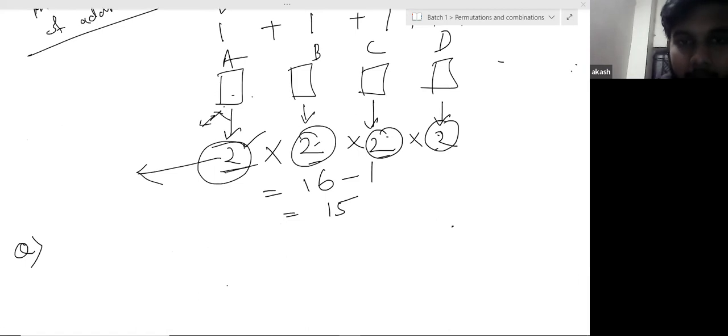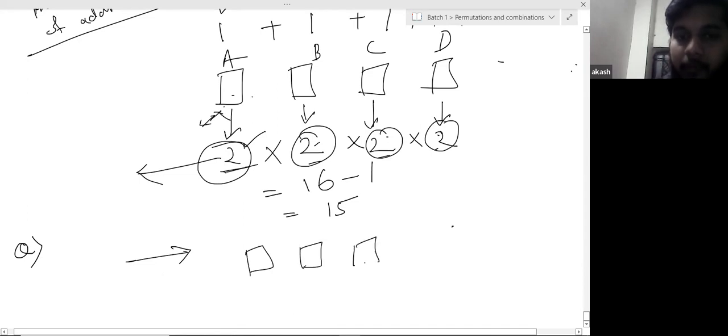Okay, why 16 minus 1? All right, see. As soon as you saw the question says, in how many ways can a student answer this, right? So to answer a question, you have to tick at least one of the options, right? You cannot leave the question. And when I solved this, I said you can either tick A or not A. You can either tick B or not.